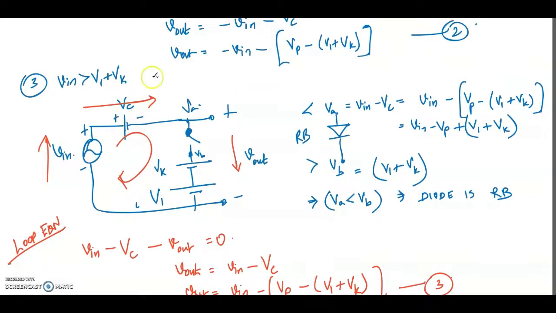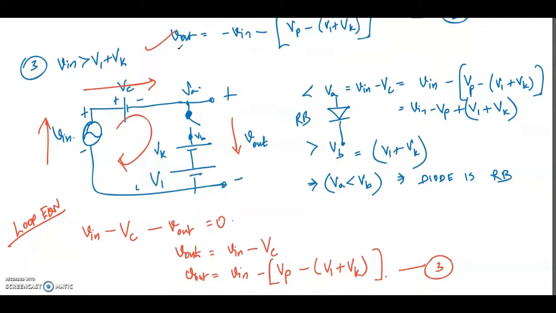Combining these two, I can generalize it. Vout is equal to Vn minus the capacitor voltage in both cases. But here Vn is negative and here Vn is positive. That is the only difference between these two.